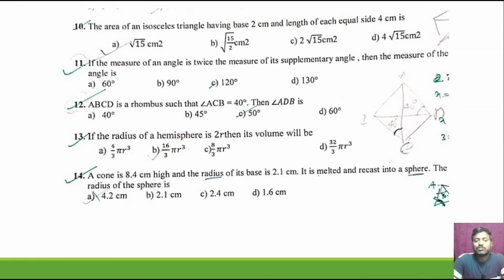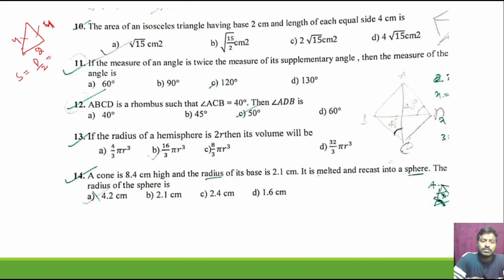The area of an isosceles triangle having base equal to 2. This is an isosceles triangle. We know that in an isosceles triangle two sides are equal, that is 4 and 4, and base equal to 2. Now find the area. First find S. S equal to the sum of the three sides, the perimeter, divided by 2.